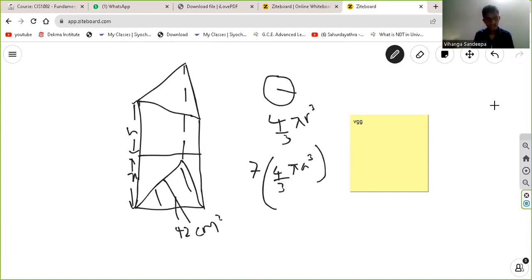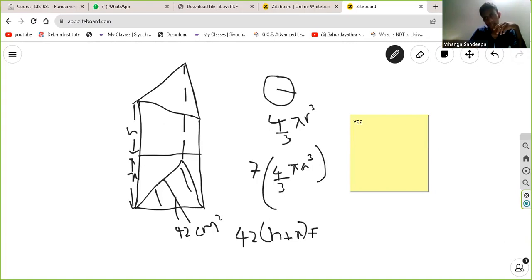Now I am going to write the equation. The total volume of the right prism equals 42, the area of cross section, into h plus x. H plus x means perpendicular height.